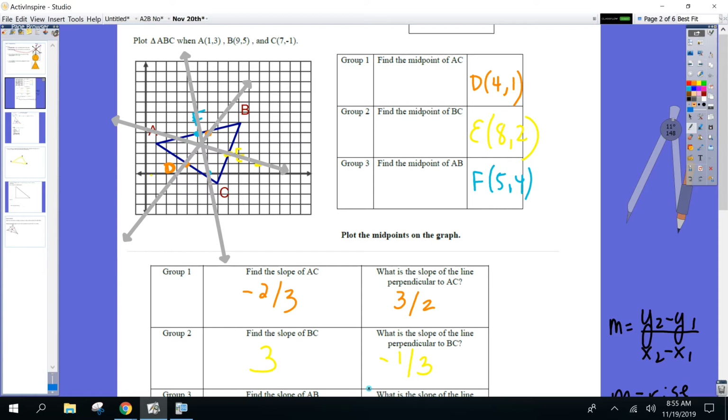Okay? So what you're doing right now is circumscribing a circle around that triangle. And where do you put your compass point? You put it on the circumcenter. All right?